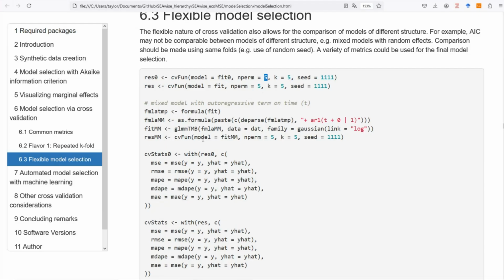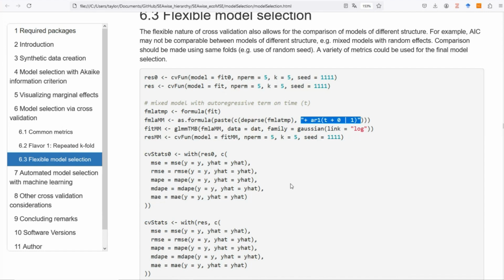And then I have this other model here, which is, I'm just going to refit the smaller model that we got out of the step function. And I'm adding an autoregressive term here to the time. So this should have made it a mixed model, but I was actually surprised that the AIC values were not that far different from the other ones.